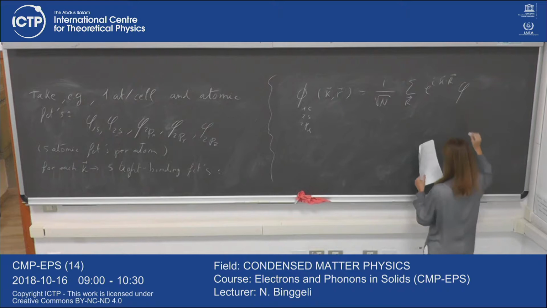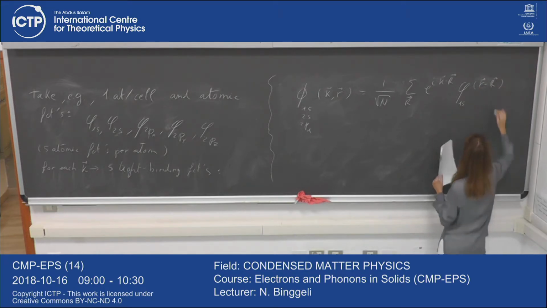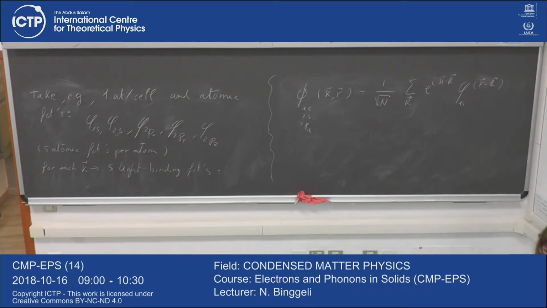And then I have the atomic function phi 1s, for instance, centered at r minus capital R. It's 1 atom per cell, so I put the atoms on the lattice points R, and I'm summing the 1s function centered on each of the atoms at the lattice sites times this phase, which is the coefficient in my linear combination of these atomic orbitals.